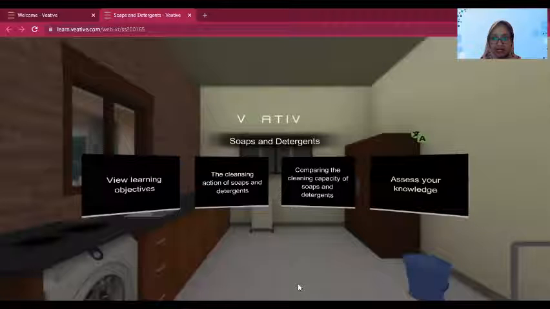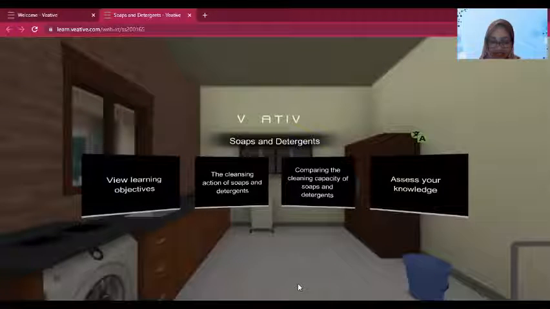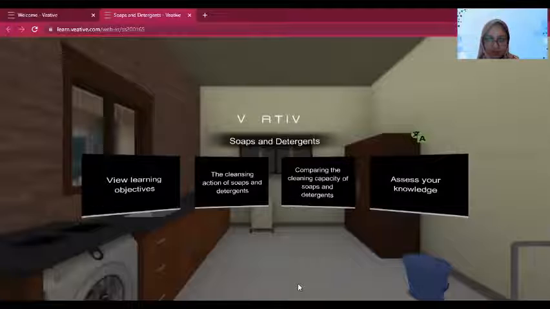So before we end our class, I would like to conclude that we have looked into the molecular structure of soap and detergent, and we were able to determine which part is hydrophilic and which part is hydrophobic. The hydrophobic part will embed themselves into the grease, while the hydrophilic part will remain in water.